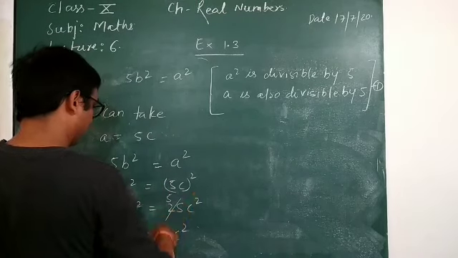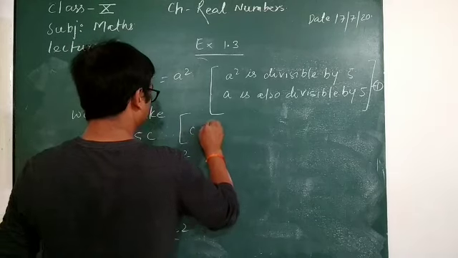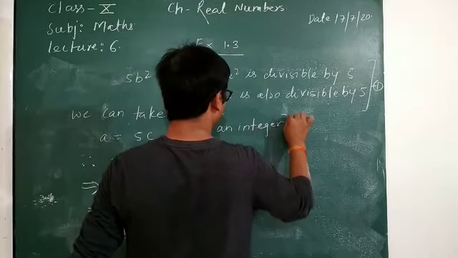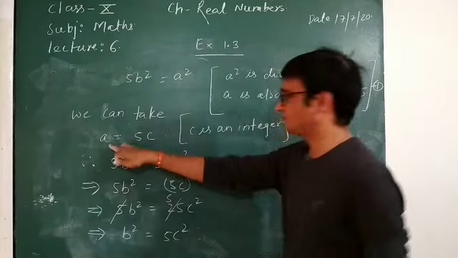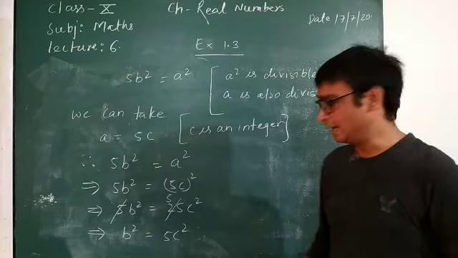Here c is an integer, because we have assumed a is equal to 5c where c is an integer.